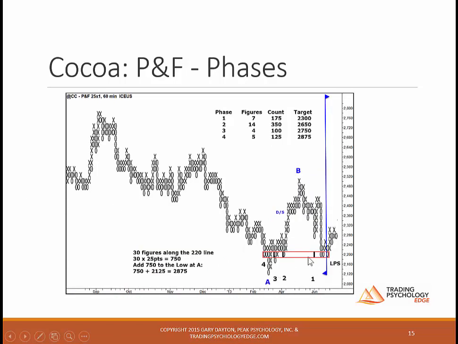You can see that it's not hard to do that. And then you would be able to go right to this for phase 2, this, so phase 3 is an additional 4 figures, so that's 1, 2, 3, and 4, and 4 times 25 is 100, and we would add that to whatever we've gotten before. So that should be pretty straightforward. Okay, yeah. So the number 1 target, the first phase, was already hit.